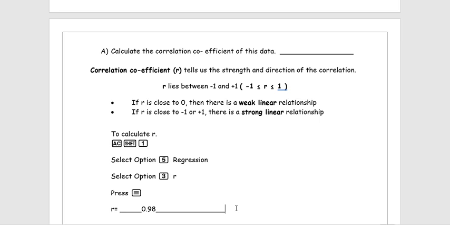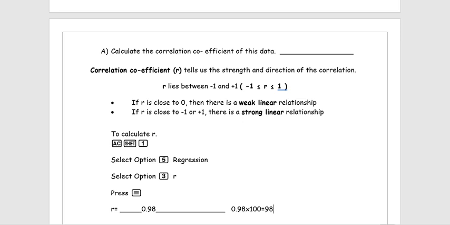An easy way to recognize this is, if I take 0.98 and convert this into a percentage, what is my answer going to be?